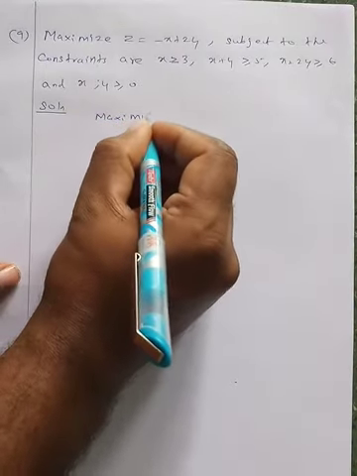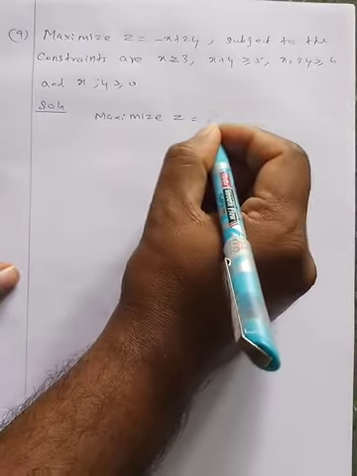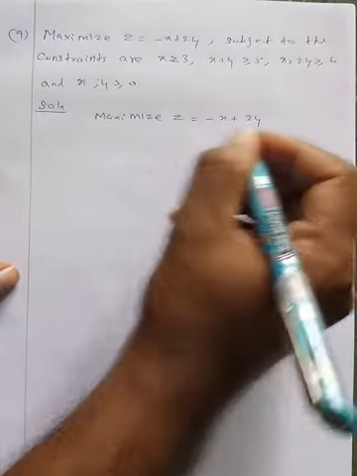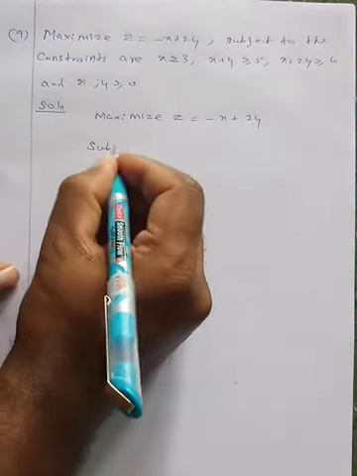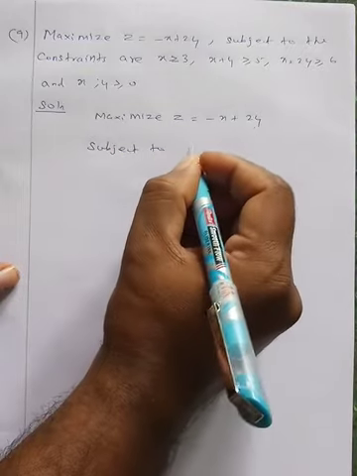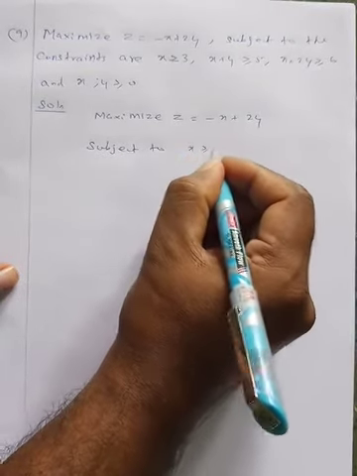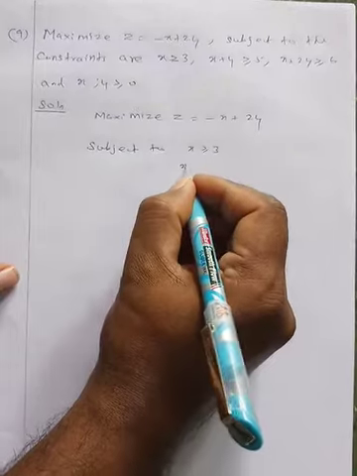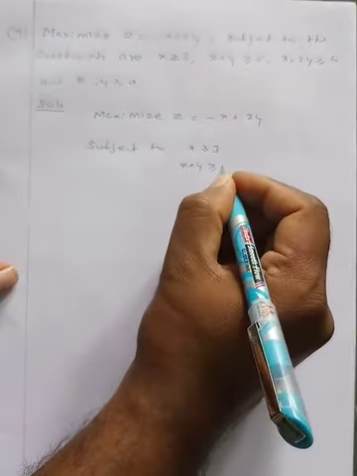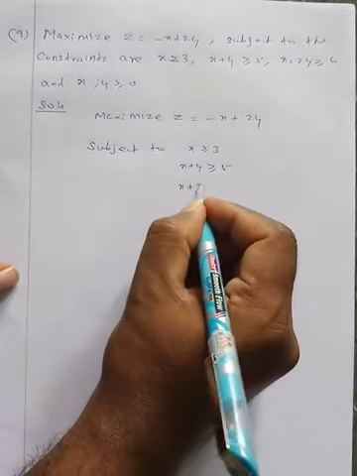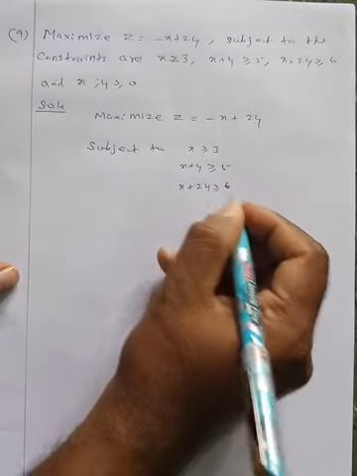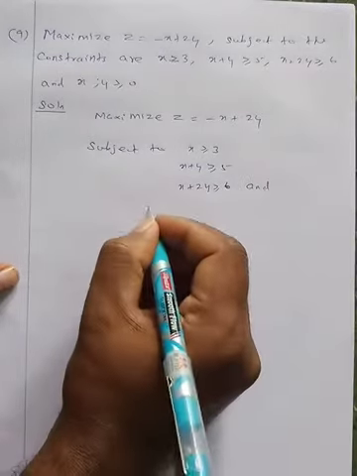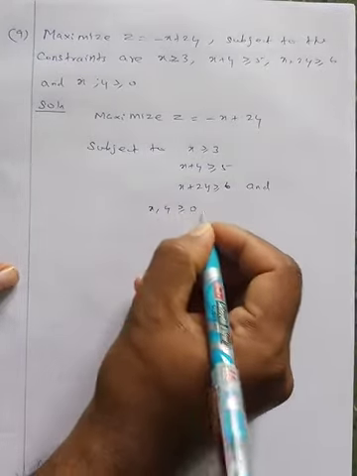Now the given problem: maximize z is equal to minus x plus 2y subject to x greater than or equal to 3, x plus y greater than or equal to 5, x plus 2y greater than or equal to 6, and x, y greater than or equal to 0.